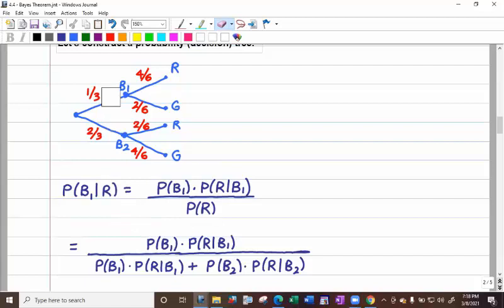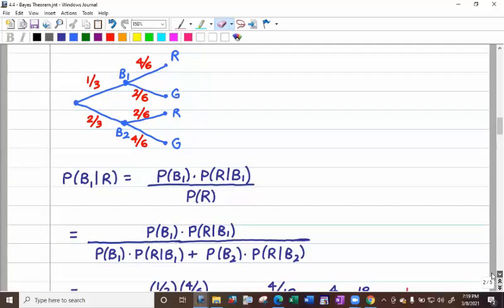So you see B1 goes to red, so you multiply those two together, and then B2 goes to red. So 1/3 times 4/6, 2/3 times 2/6. That's going to be on the bottom. Now the top is going to be whatever the question is asking you here. It's asking us B1. So that's the only one we're interested in. So the numerator, P of B1 times P of R given B1, is just those two numbers multiplied together.